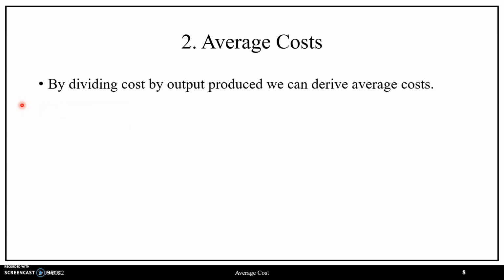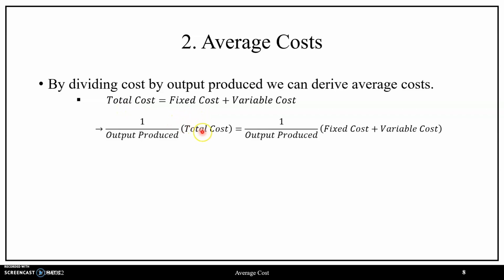And to do so, we will derive where average costs come from, which we can do by dividing cost by output produced. So let us begin with total cost is equal to the sum of fixed and variable cost. If we divide both sides, the left and right hand side, by output produced, we'll have total cost divided by output produced, which is going to be equal to 1 over output produced, scaled by our sum of fixed and variable cost.